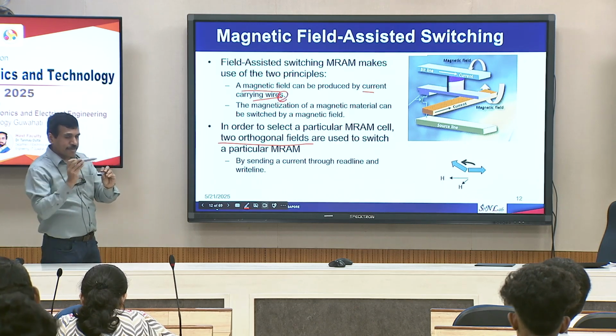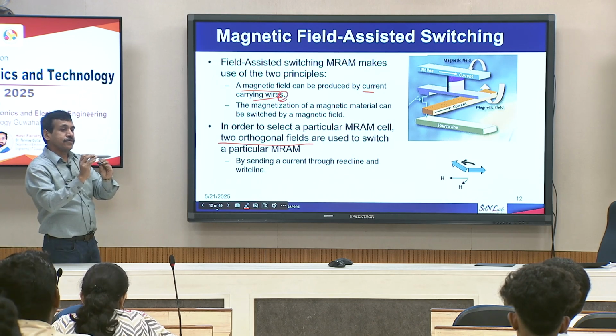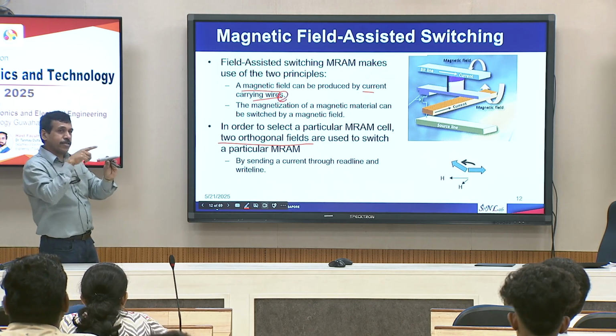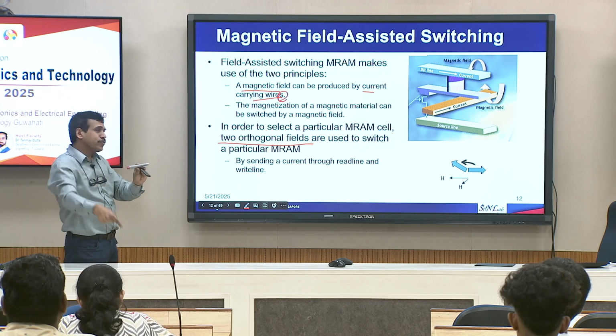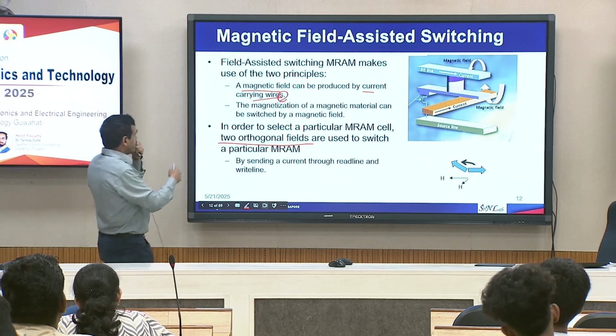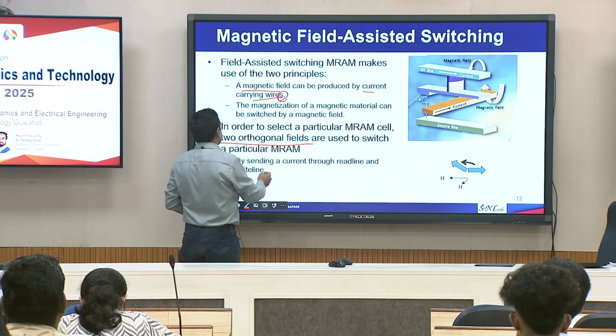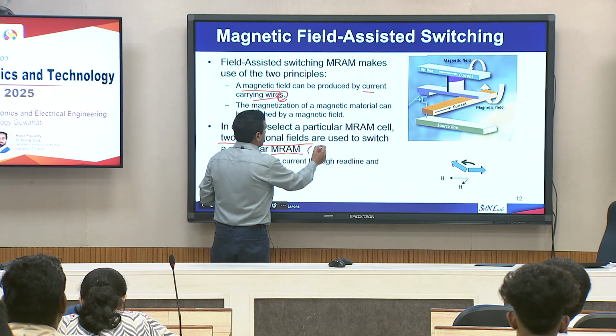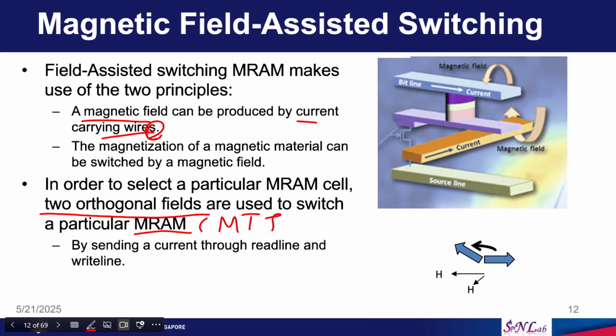Then we have another wire in the orthogonal direction, producing a magnetic field around it, coming towards you and going this way. So, we are producing two orthogonal fields to switch a particular MTJ element, a magnetic tunnel junction.